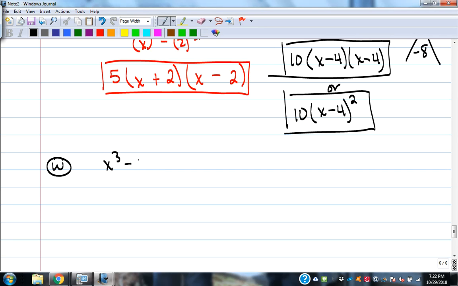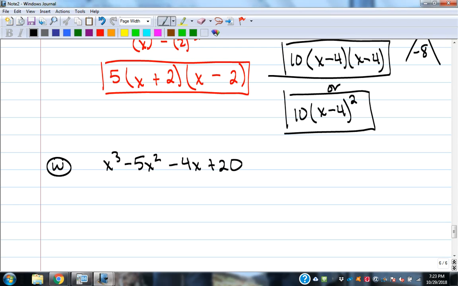X to the third minus 5x squared minus 4x plus 20. Let's take ourselves through the rules of factoring.